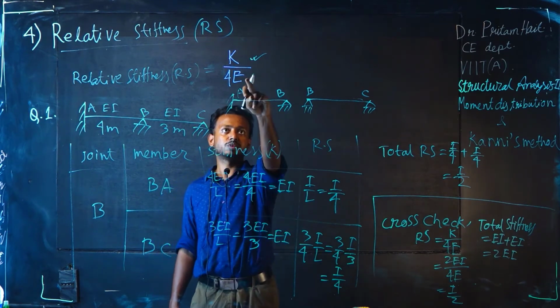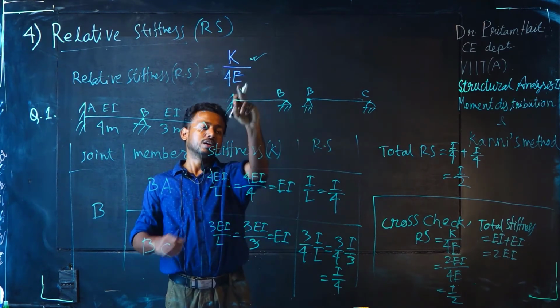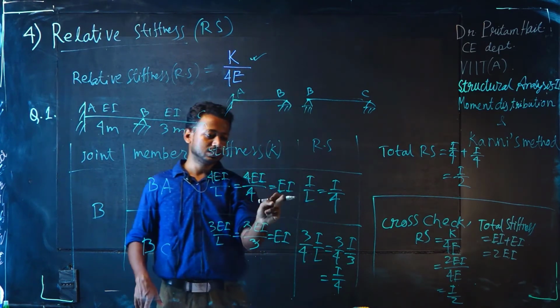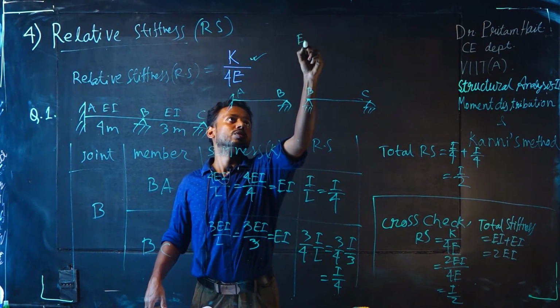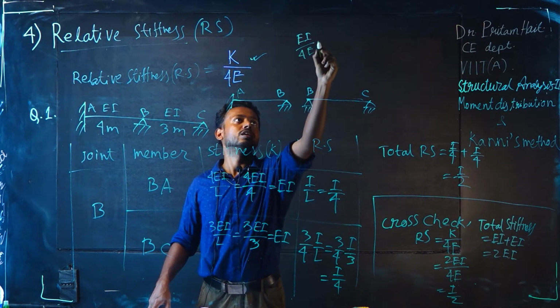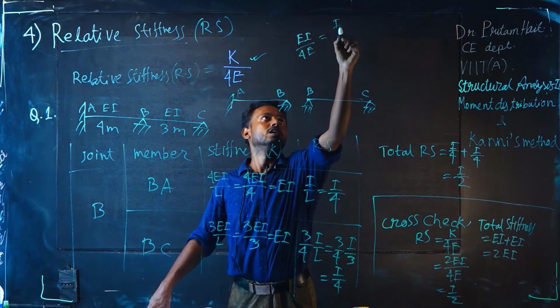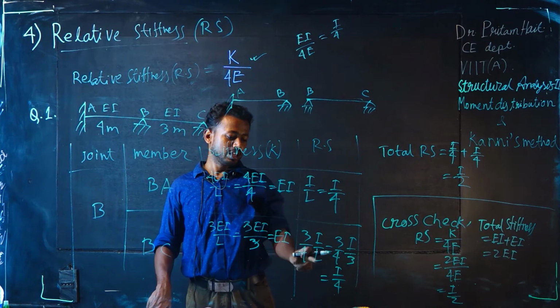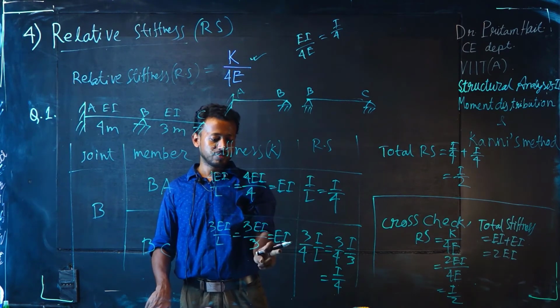If you use this expression, also you will get I by 4. Just check it here. The stiffness is EI, so EI by 4E, so I get I by 4. In this case also, the stiffness is EI.